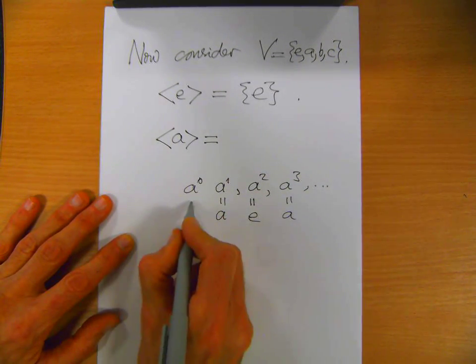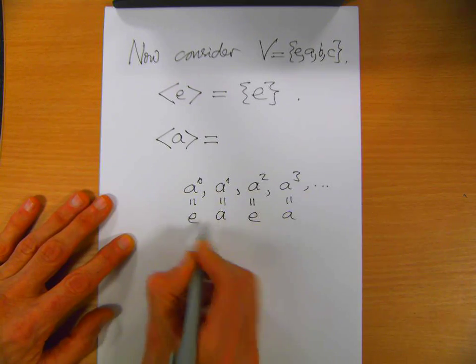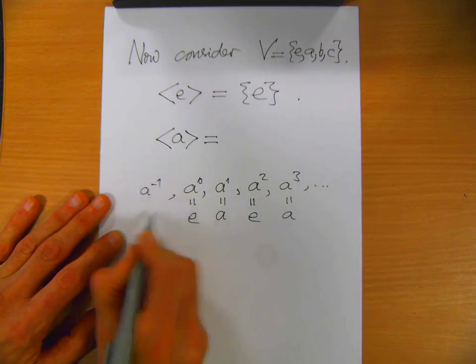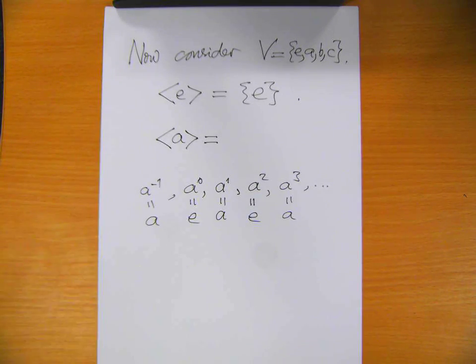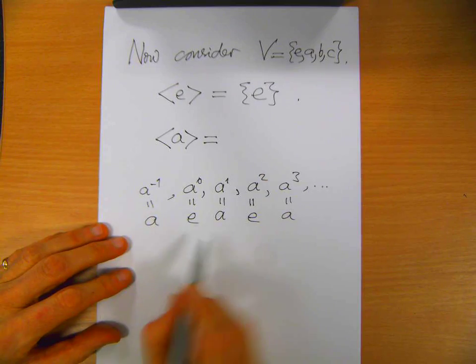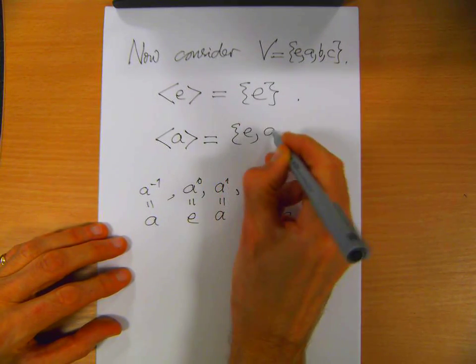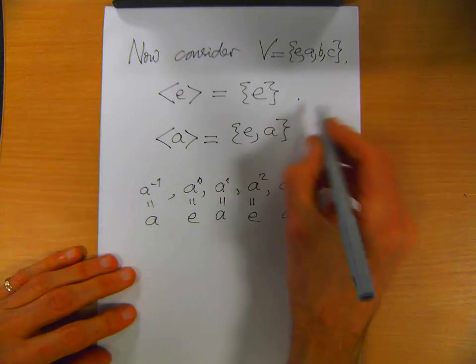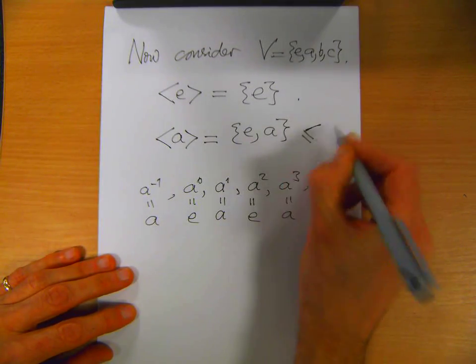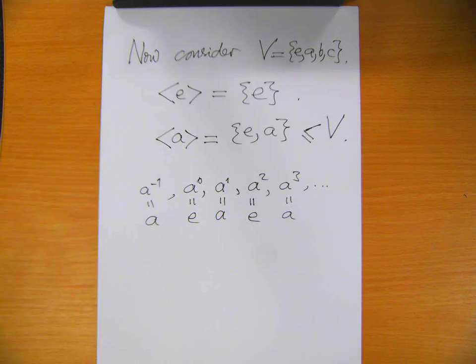A to the 0, of course, is the identity. A to the minus 1 must be A, because A times A is the identity, so A inverse is itself. So in fact, the only things we generate are E and A. So that's a subgroup of order 2 sitting inside the Klein group.